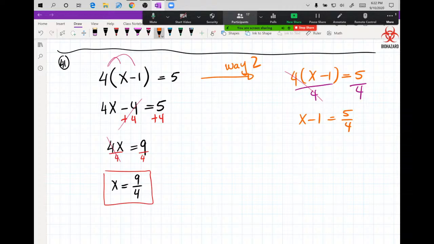Now, I'm going to add 1 to both sides, and I have x alone. x is equal to 5 quarters plus 1, which is 5 quarters plus 4 over 4. x equals 9 over 4.